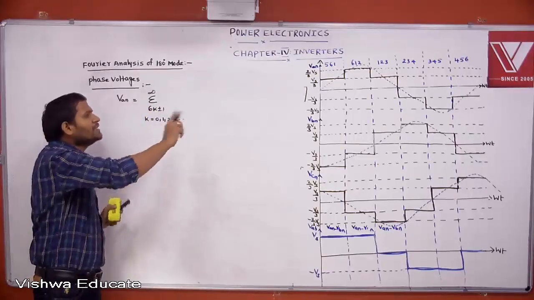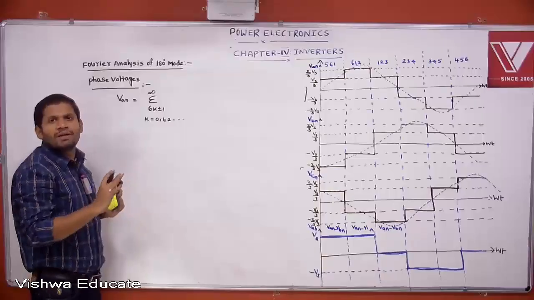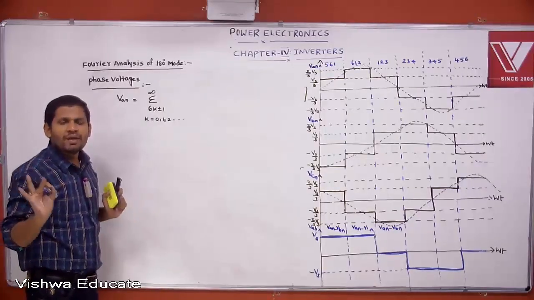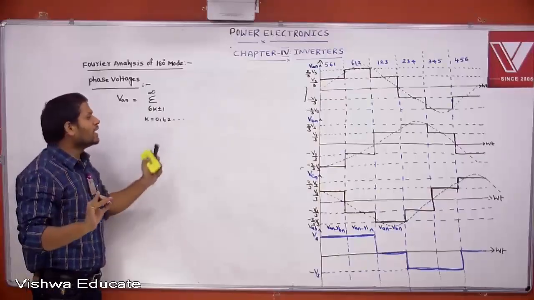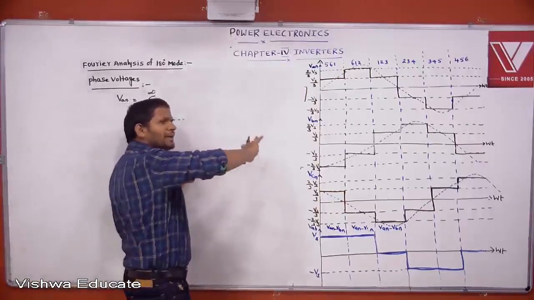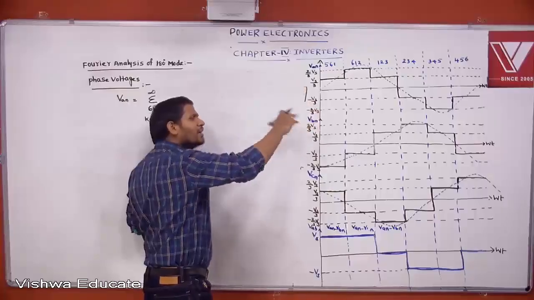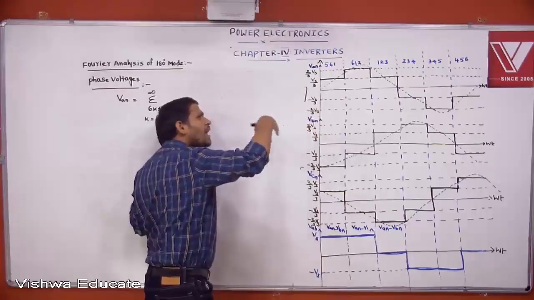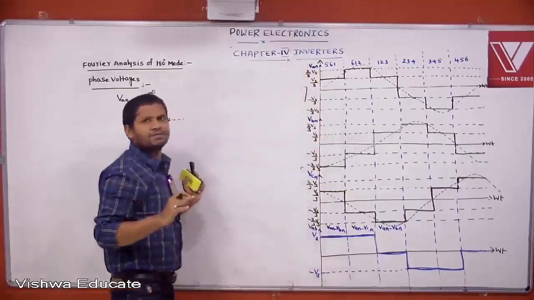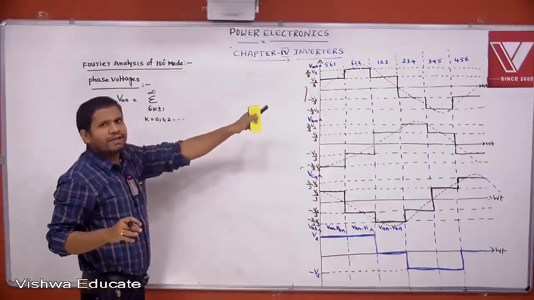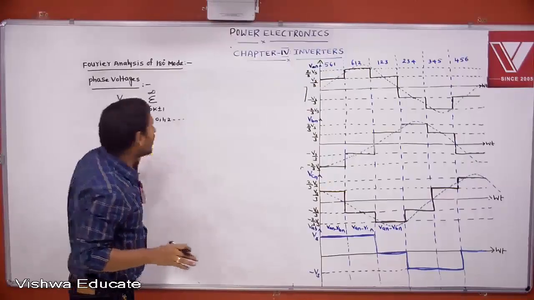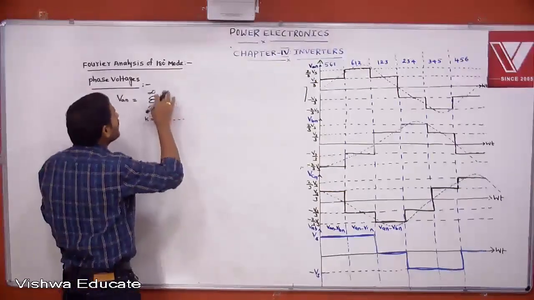Because of AC waveform, because of symmetrical waveform, inherently even harmonics are absent. Along with even harmonics, triple-n harmonics are also absent. No doubt at all. Inherently, because of symmetrical nature, whether it is line voltage or phase voltage, even harmonics are absent. But in the phase voltages, along with even harmonics, triple-n harmonics are also absent. 6k plus or minus 1 up to infinity.